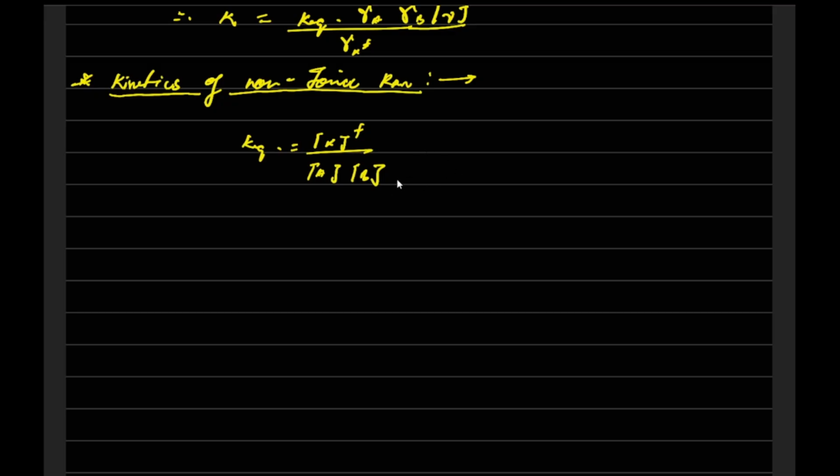So the concentration is written the same. In this, the rate of reaction is equal to K equilibrium, concentration of A, concentration of B, into mu. Therefore K is equal to K equilibrium into mu.